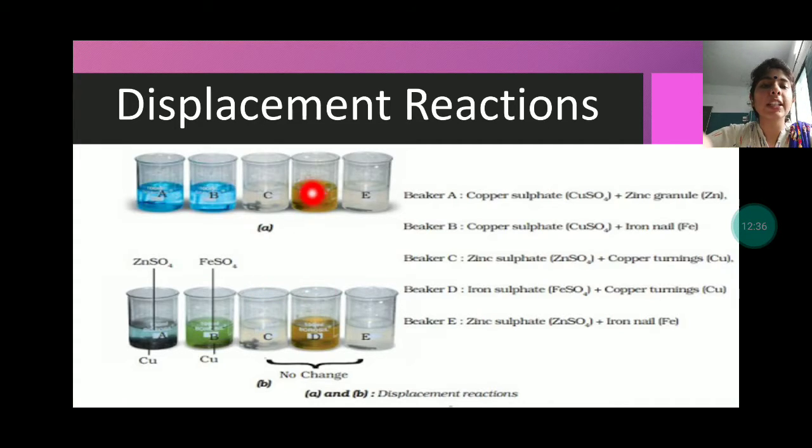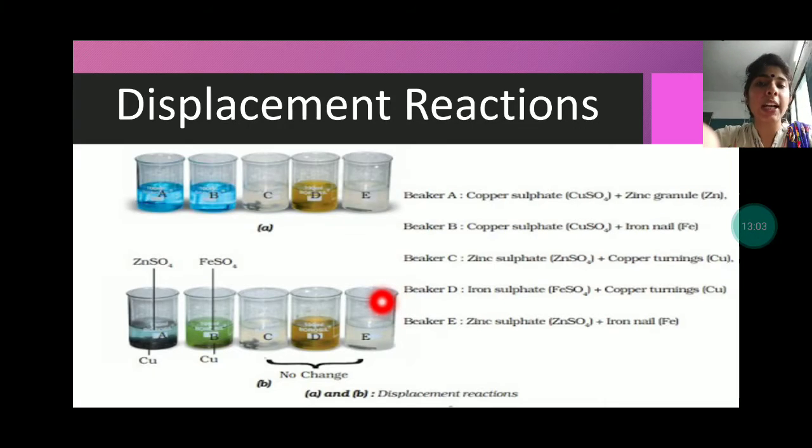Now let us see beaker D. Iron sulfate plus copper turnings are there, but there is no change in color. So by this also we can come to know that iron is more reactive than copper. Let us see E, in which zinc sulfate plus iron is there.